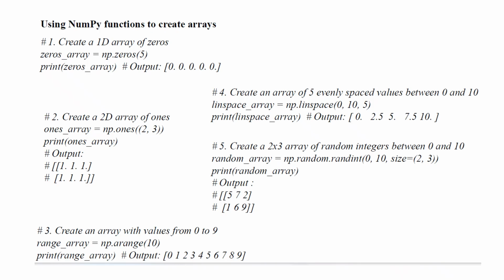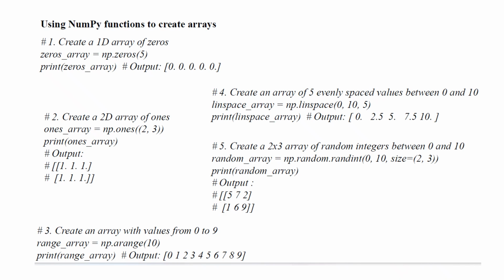And so here is code to create evenly spaced values between 0 and 10. In this case, we will be using the syntax np.linspace. We are supposed to have the start value, then the stop value, and then the number of values. In this case, the start value is 0, the stop value is 10, and the number of values is 5.